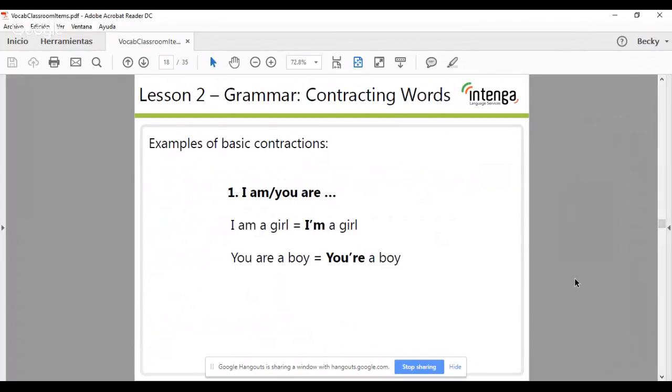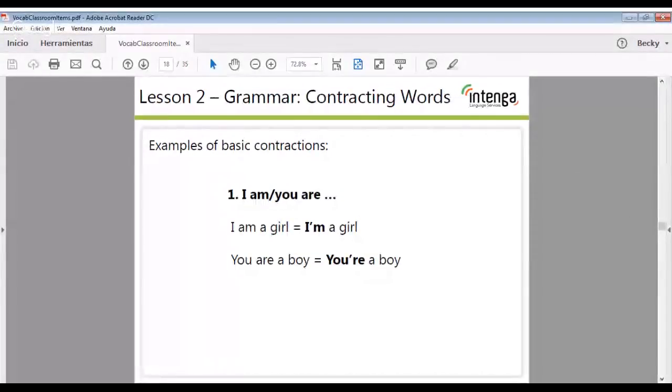But again, here's the basic one. Actually, I'll read this. Okay, so I am and you are. I am a girl. I'm a girl. You are a boy. You're a boy. So Ken, I wanted to read that because if you read it, it would have been opposite. All right. So basically, this is it.